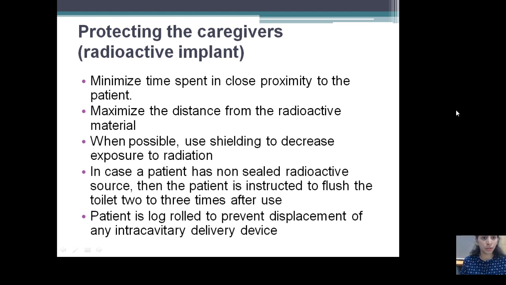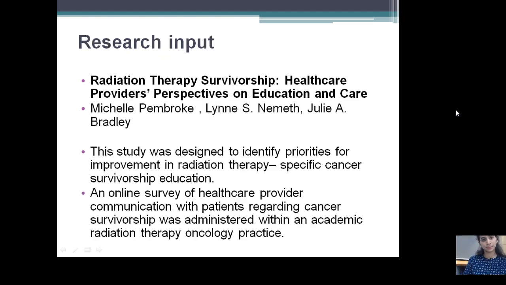We need to educate the patient, minimize the time spent in close proximity to the patient, and maximize the distance from the radioactive material. When possible, use shielding to decrease exposure to the radiation. In case a patient has non-sealed radioactive material, the patient is instructed to flush the toilet 2 to 3 times after use, and the patient is log rolled to prevent displacement of any intracavitary delivery device.